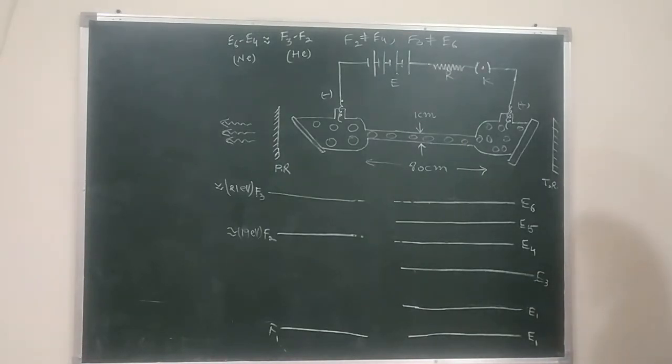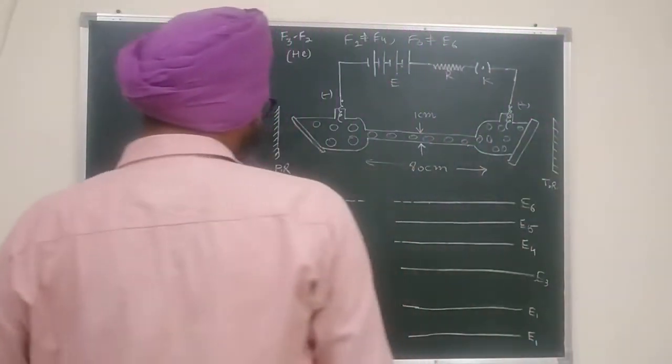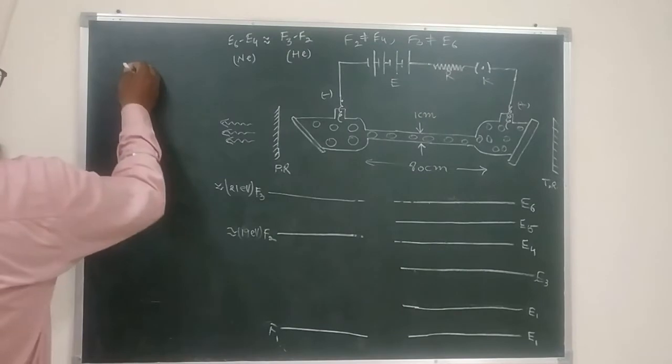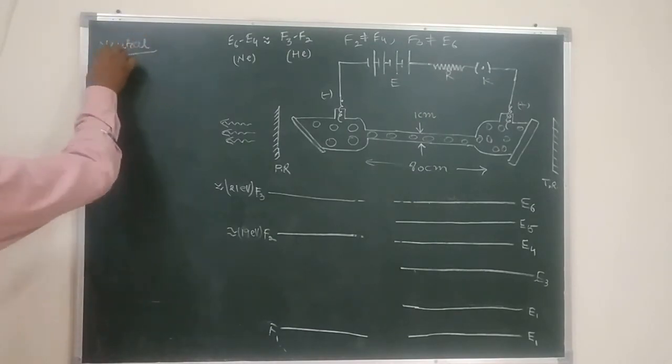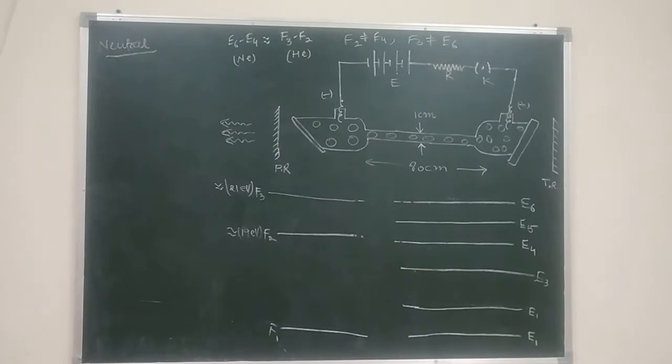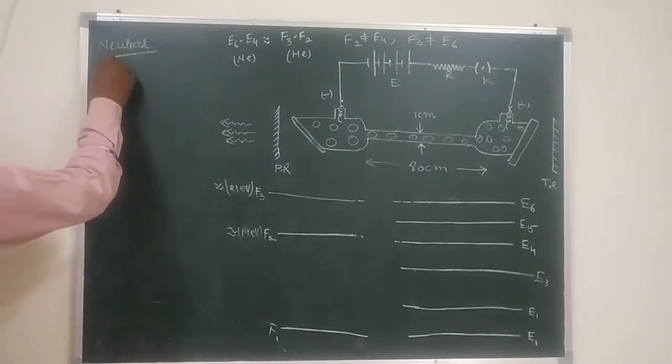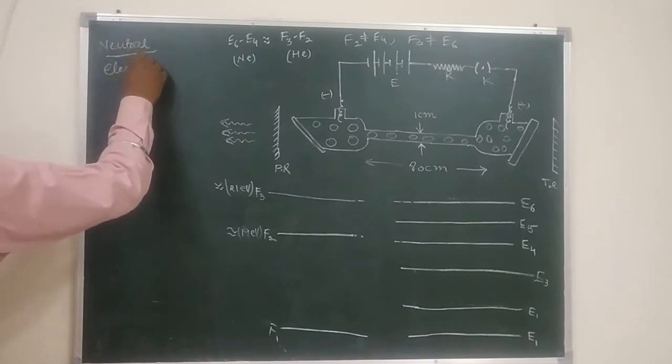Okay. Now, what is going to happen here? You should remember that the gas molecules are neutral. If you have attended my previous lecture, this I have already mentioned in my previous lecture related to the working of the electric discharge pump. And electrons are charged.